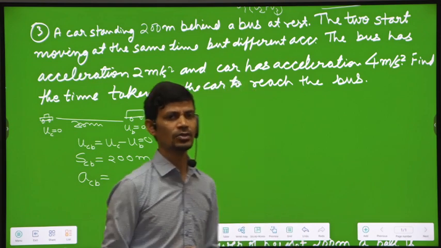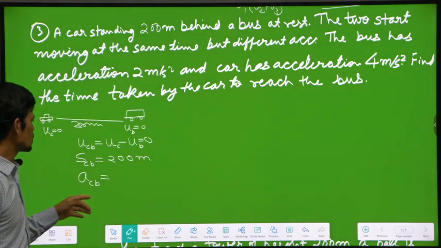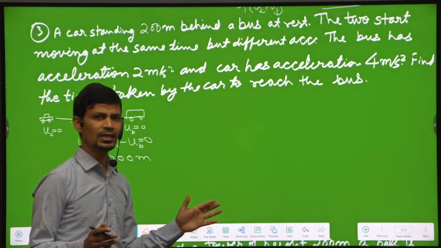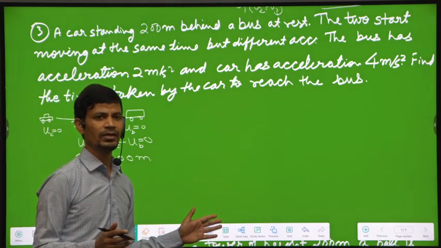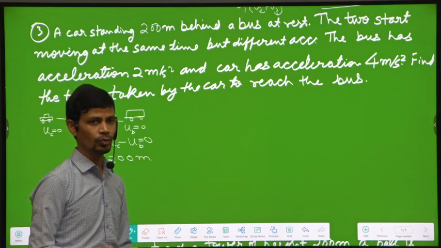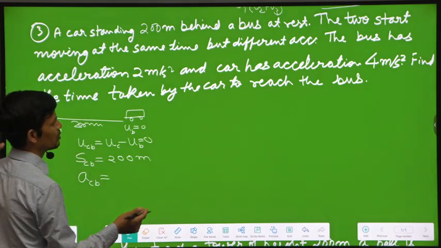In fact, this is true for speed also. So also with acceleration we do the same thing, and I will explain this relative motion effect comprehensively in motion in 2 dimension.